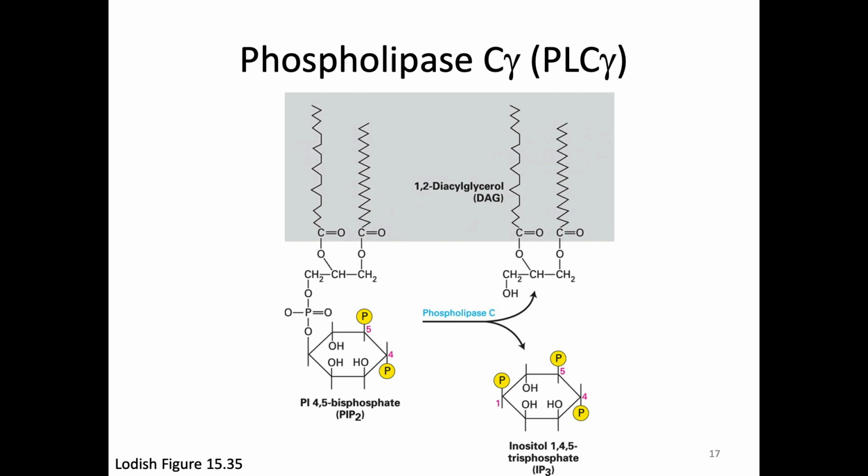It's the phospholipase C gamma of all the phospholipases that exist. So if we know the name of this protein is phospholipase C gamma, that can tell us something about the protein. So if a protein's name is phospholipase, what does that tell us that the protein will do?